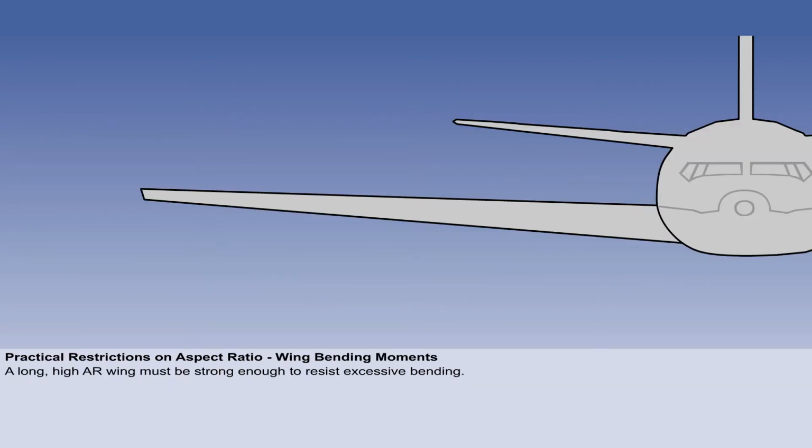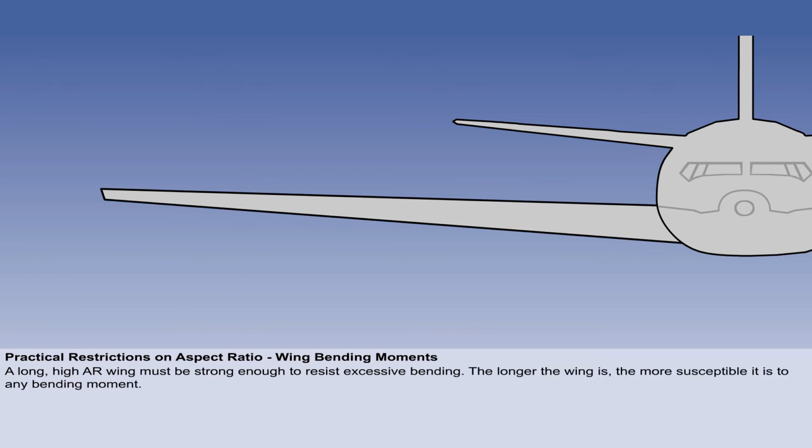From a practical point of view, there are restrictions on the aspect ratio of the wing in designing an aircraft. A long high aspect ratio wing will impose weight limits in a structure's strength being rigid enough to resist excessive bending. The longer the wing is, the more susceptible it is to any bending moment.